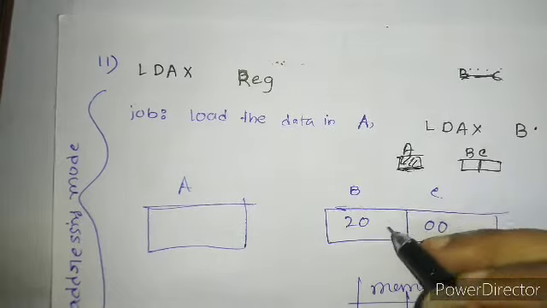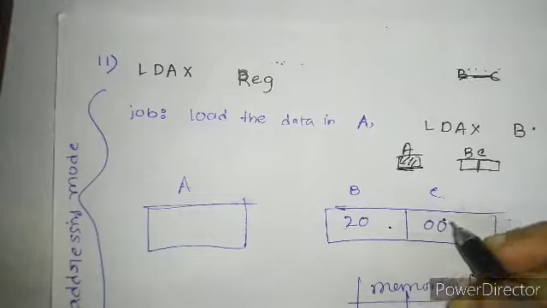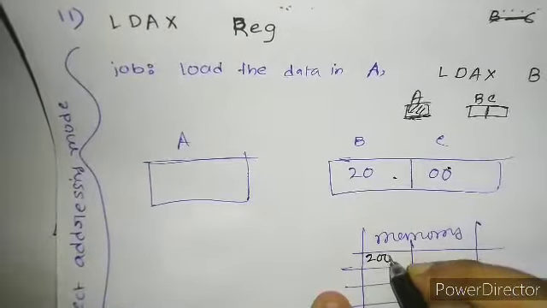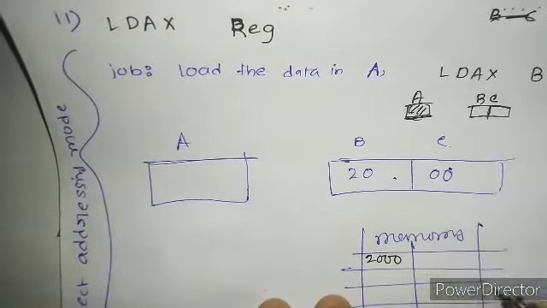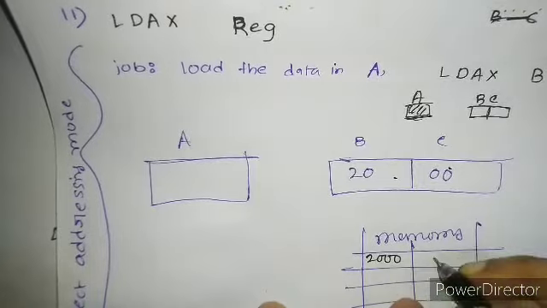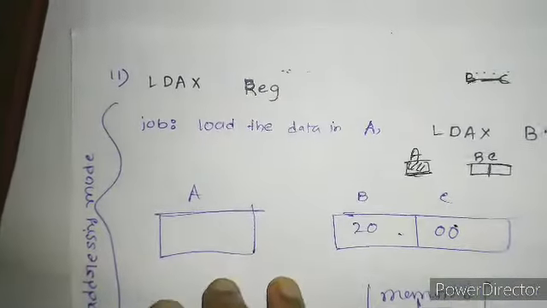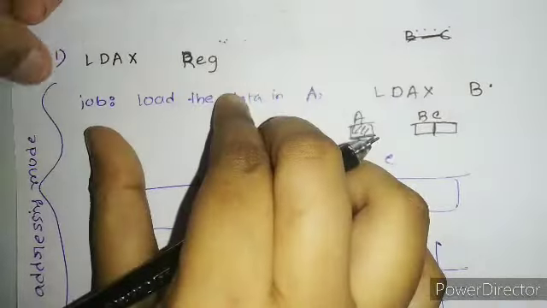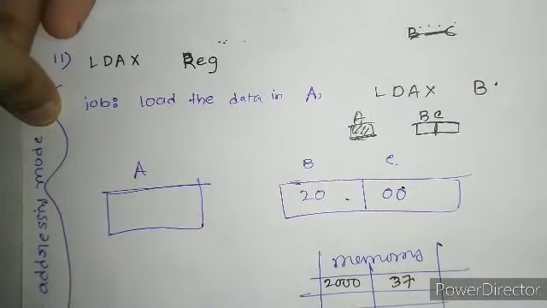BC has 2000. This can be an address too. Go to memory, find the address 2000. Then there can be data stored at this location, suppose 37. This instruction signifies: load accumulator with the data whose address is given by a register pair. Don't get confused.